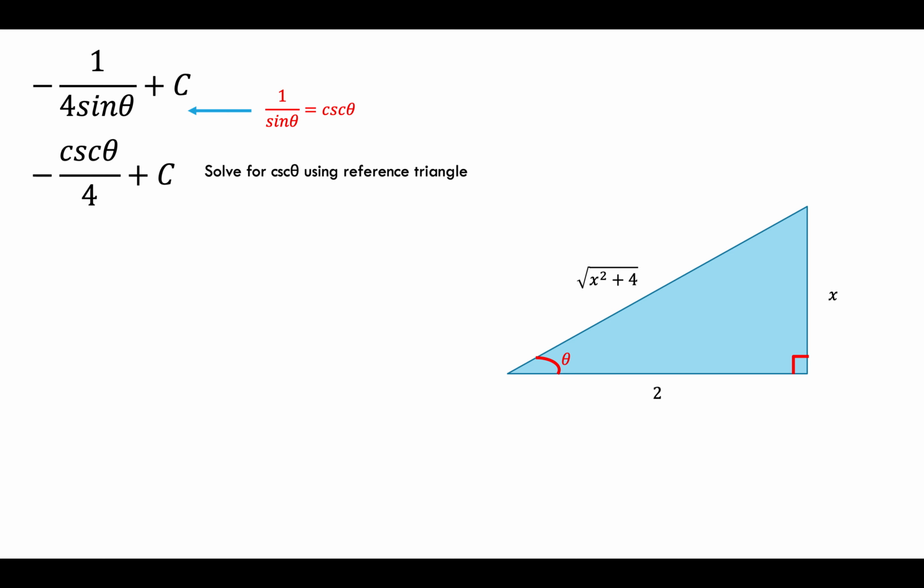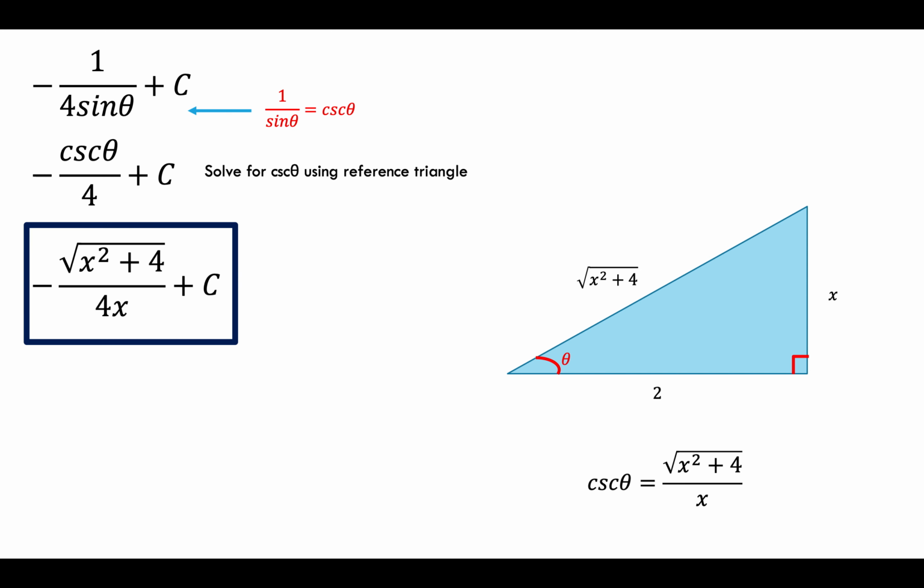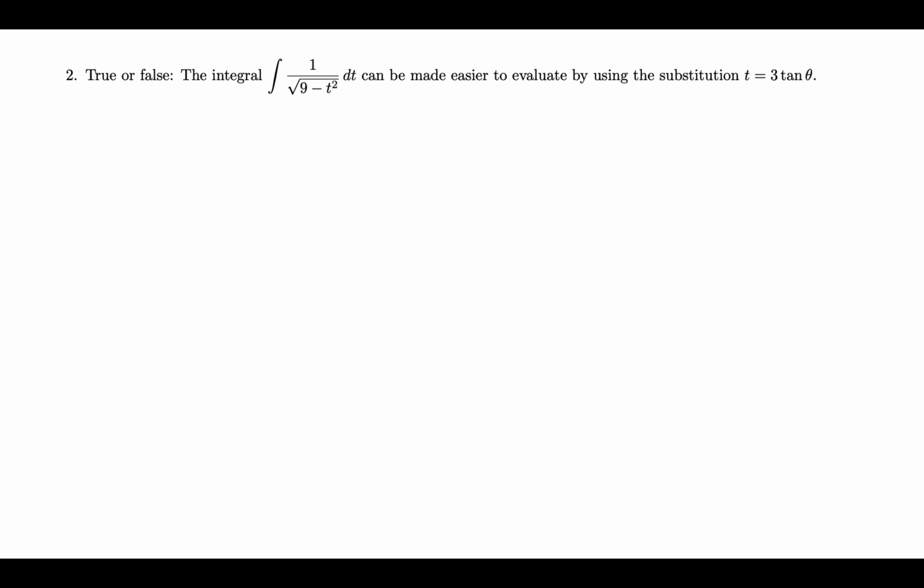To find cosecant, we will be using the hypotenuse over the opposite. So our cosecant theta will be equal to the square root of x squared plus 4 over x. Plugging that into our equation, we are left with negative square root of x squared plus 4 over 4x plus c, and that is our answer for part 1.